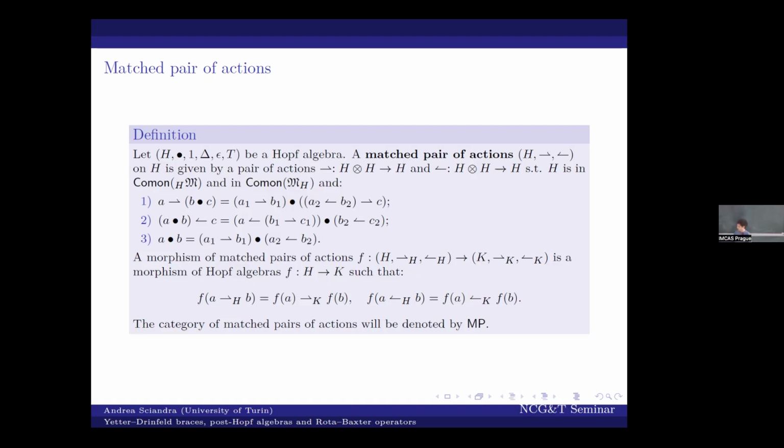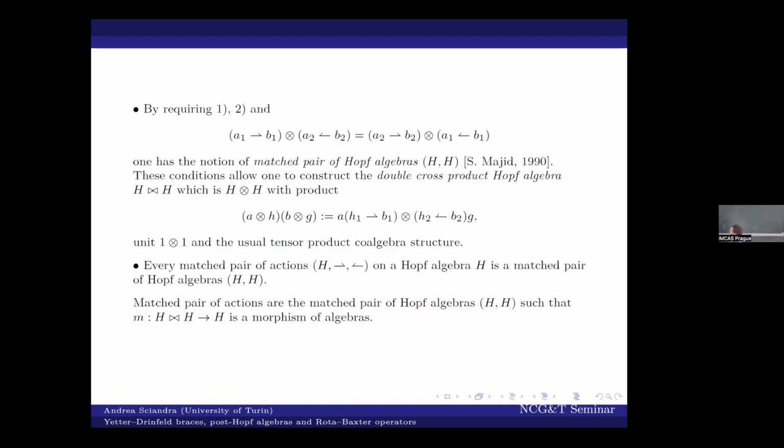Now, if we just assume 1 and 2, and instead of 3, we consider exactly this condition that also appears in the definition of Drinfeld brace, we have the notion of matched pair of algebras in the sense of Majid. And these conditions, so 1 and 2 plus this one, are exactly the conditions that you need to define the so-called double cross product of algebras, which is just H tensor H as a vector space with product defined in this way.